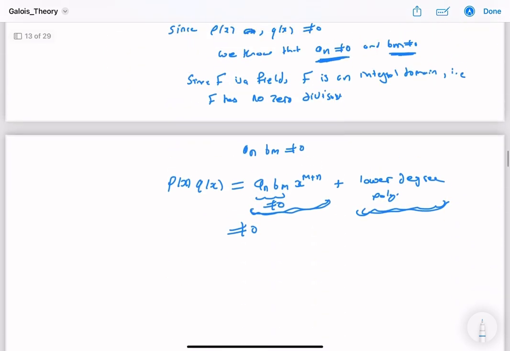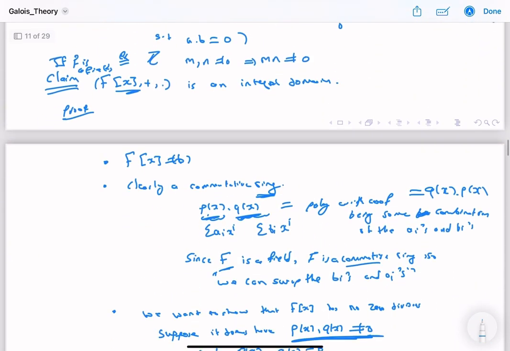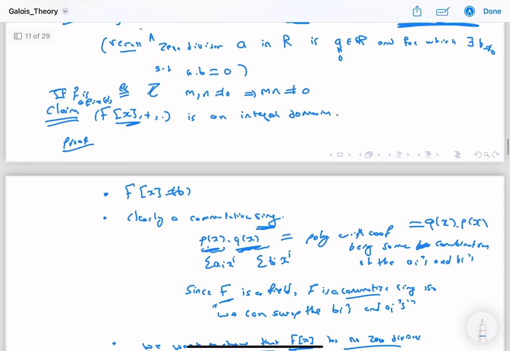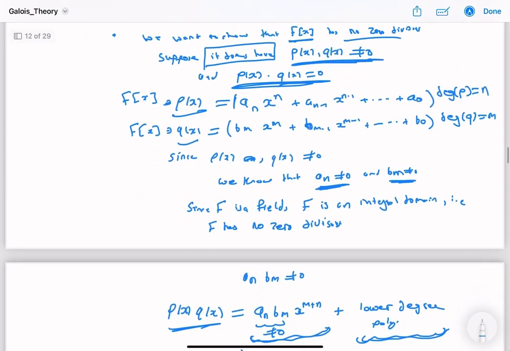But we reached the fact that their product is not zero, so a contradiction, and thus it contradicts the fact that it does have zero divisors. Thus F[x] has no zero divisors, as desired, right? So this is all we needed to prove to get that this thingy is an integral domain. So this completes this proof.